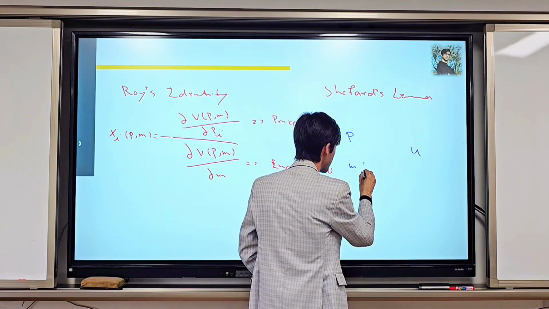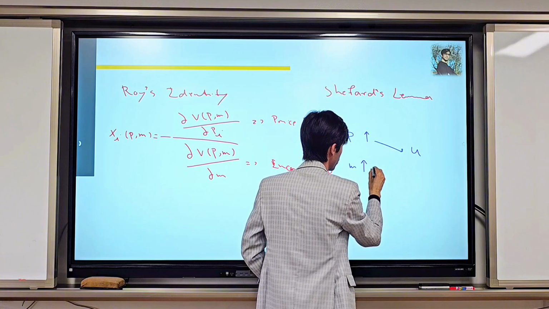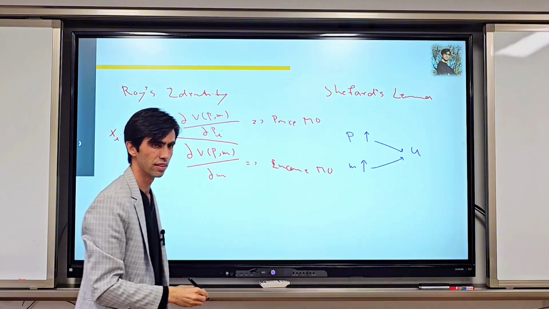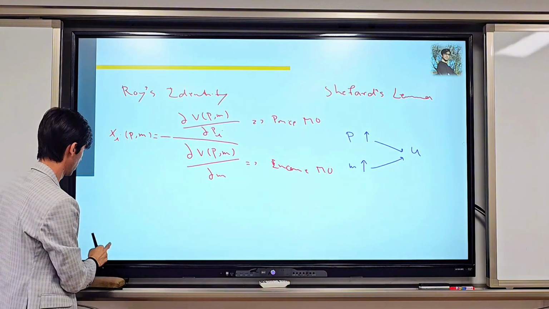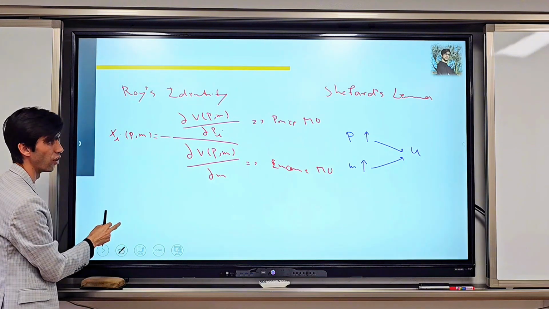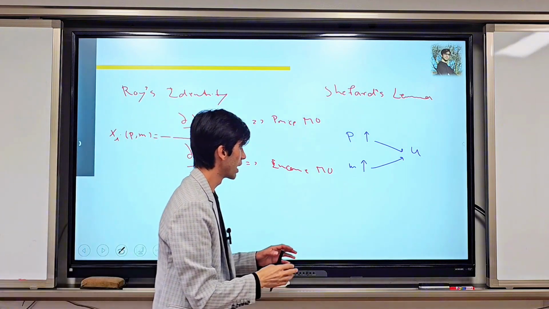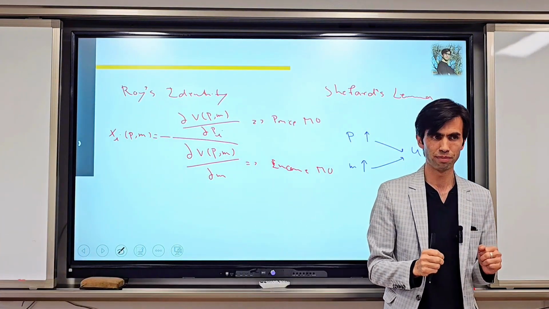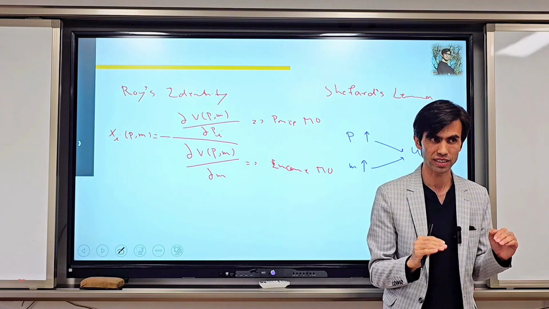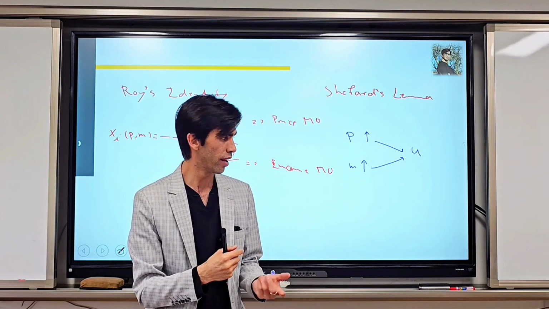If the income increases, if the price increases, what will happen to utility? We don't know. Maybe the utility will decrease. For example, if there is no change in your income, it is fixed, as we said before about the income effect and substitution effect.